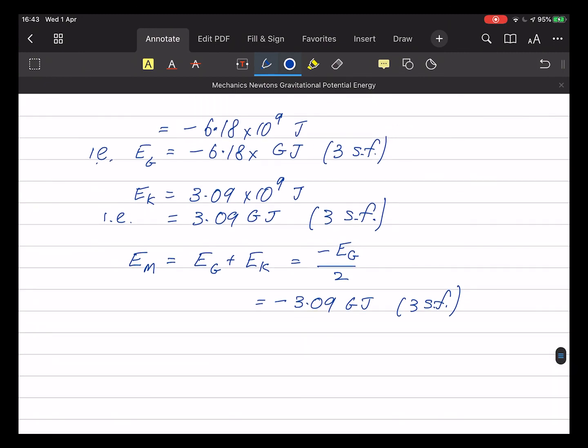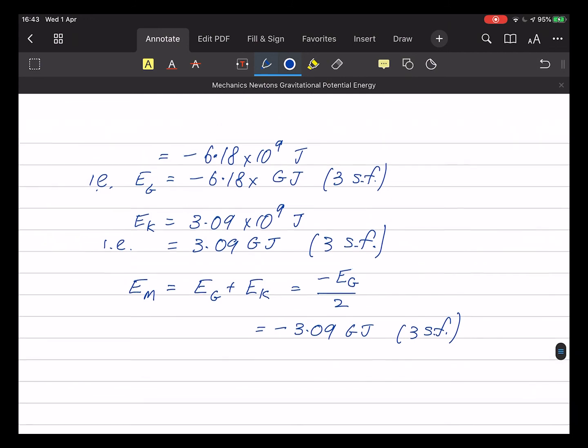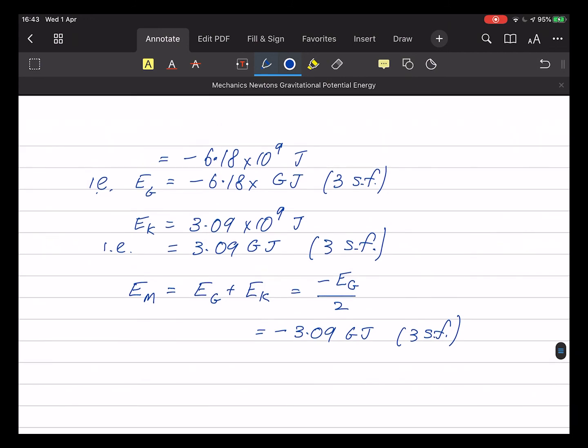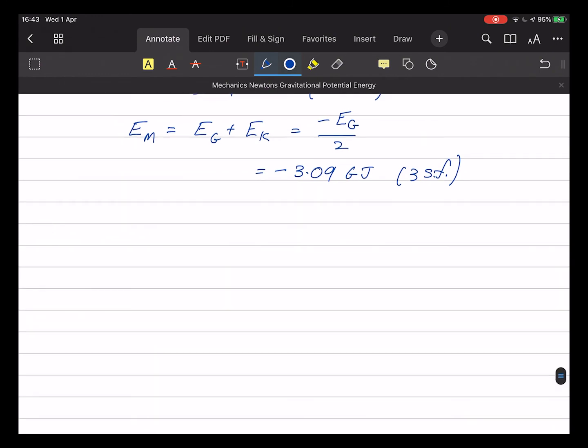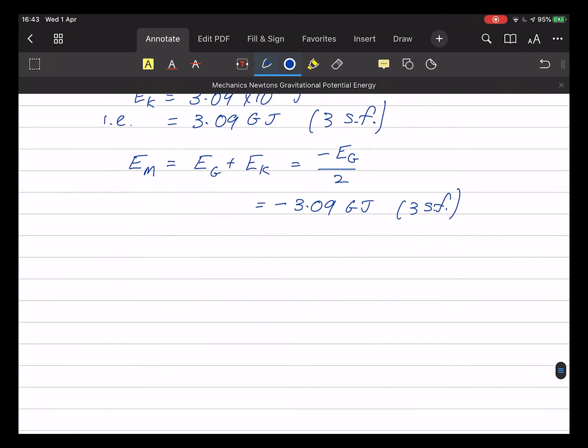So done piecewise, it's not particularly difficult because this relates directly to that, which is half of that, or half of the absolute value of that. Easy peasy, as long as you can press all the right buttons on the calculator.